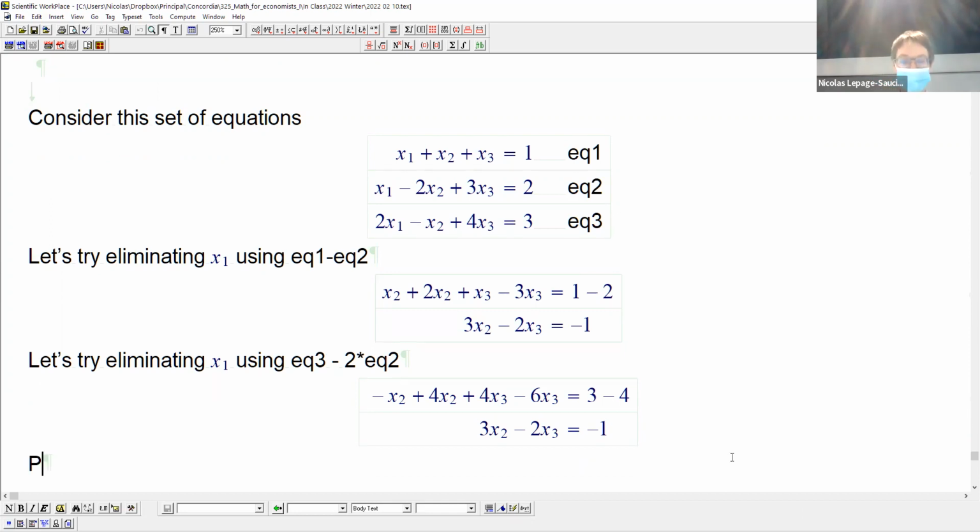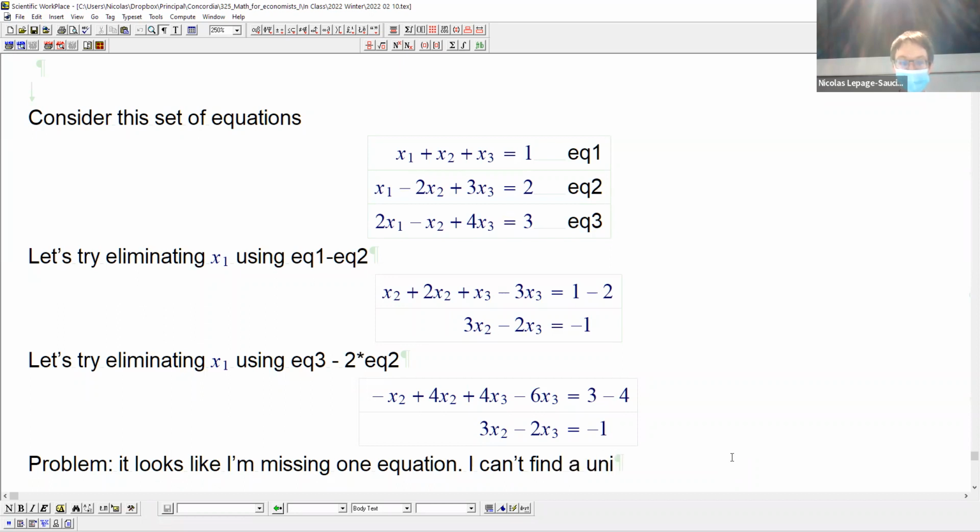So the problem is, it looks like I'm missing one equation. I can find a unique solution for x1.